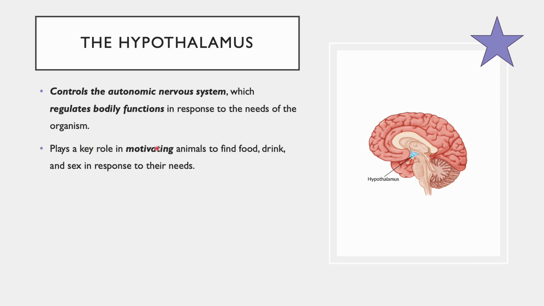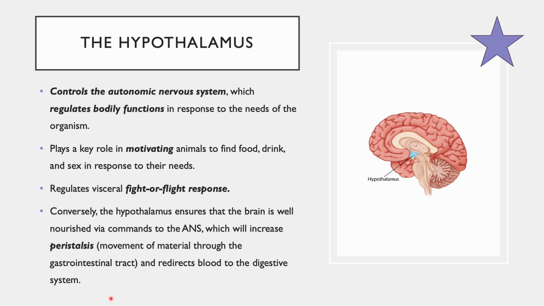Thus, it plays an important role in motivating us to find food, drink, and it also helps in the sex response. It also regulates our visceral fight or flight response, so in the sympathetic nervous system. And the hypothalamus ensures that the brain is well nourished by commanding the autonomic nervous system, which will increase peristalsis, like movement of material through the gastrointestinal tract, and it even redirects blood to the digestive system.